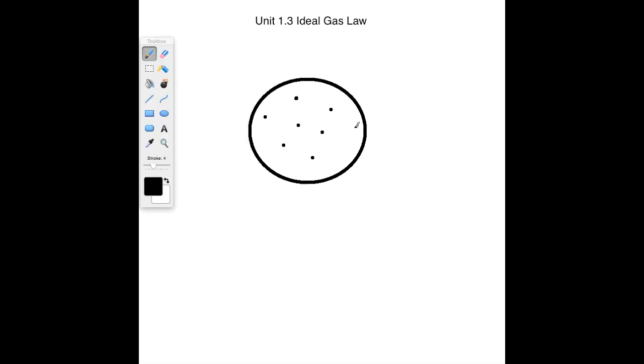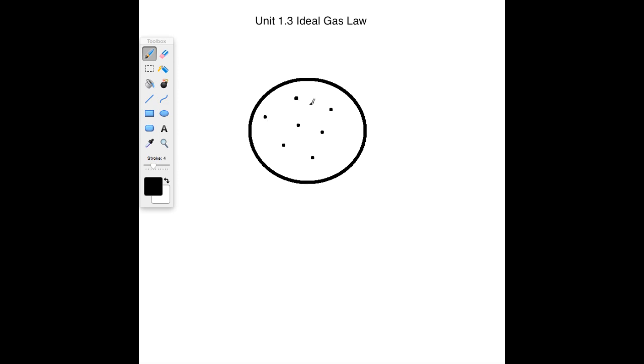Now, to make the ideal gas law make sense, all it's really talking about is what happens if you're changing different characteristics about where the gas is.